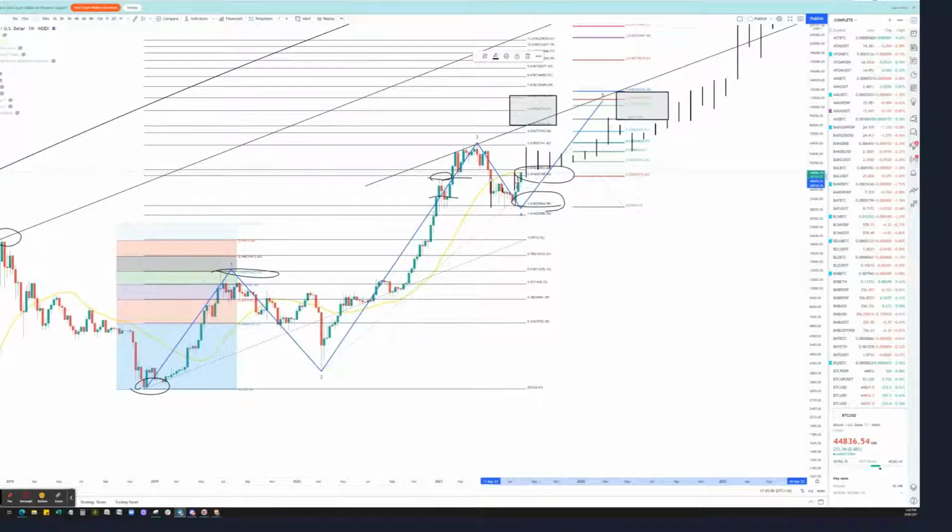Okay. So this regression, high regression, I think I should look at that as well. Give me a sec. Where is that?